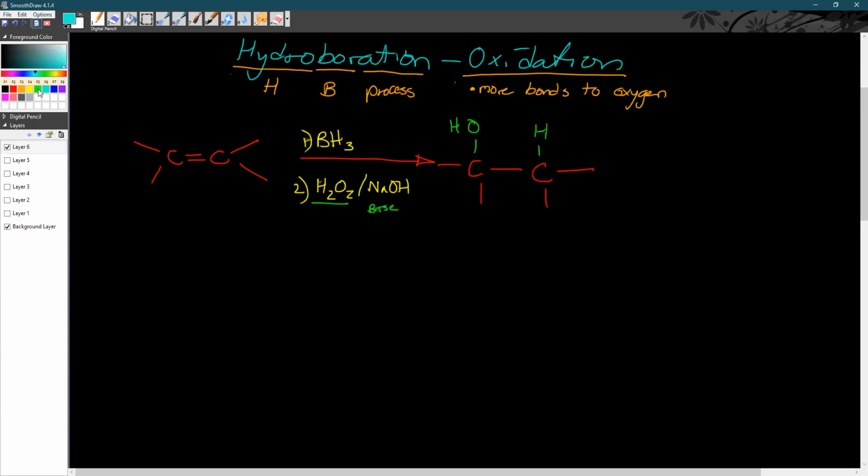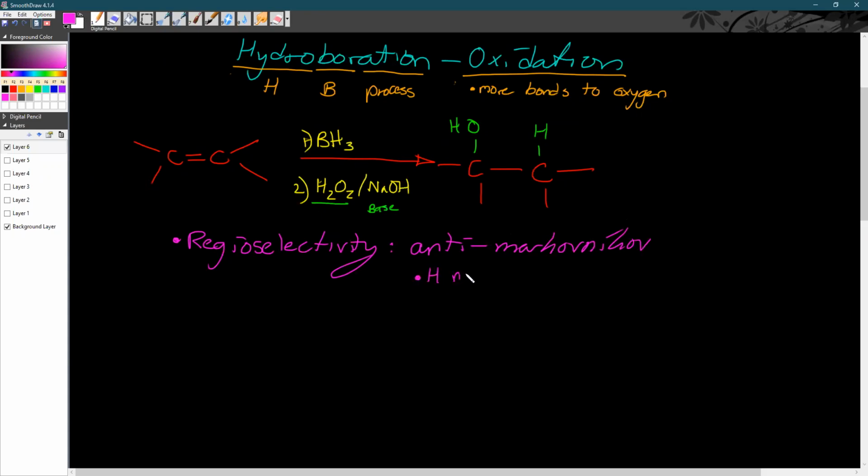Okay, what are our bullet points on this? Well, our regioselectivity is anti-Markovnikov. It's the opposite to Markovnikov. So now we're getting the hydrogen on the more substituted side. And now we're getting the OH on the less substituted side.